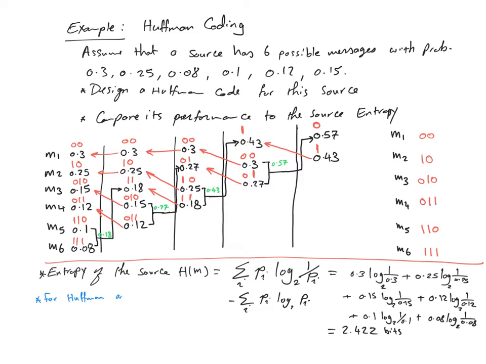The average number of bits per message is equal to... how do you calculate the average number of bits per message for this Huffman encoded source? 6 messages. Yes.